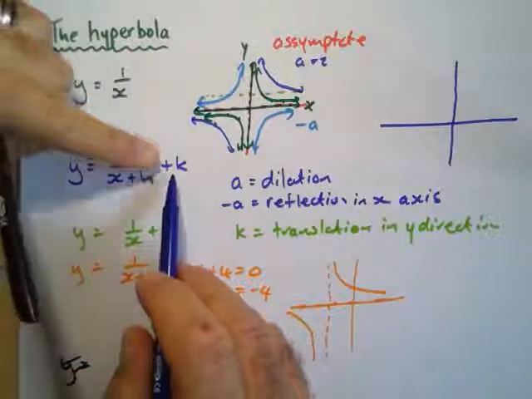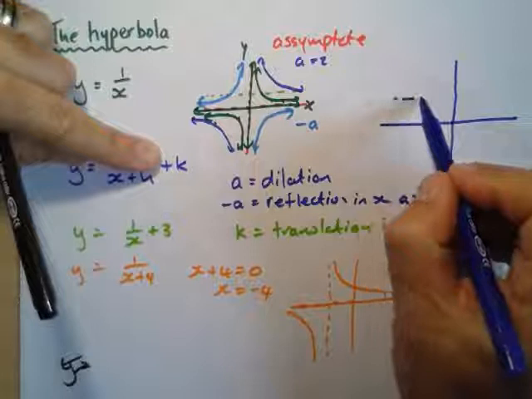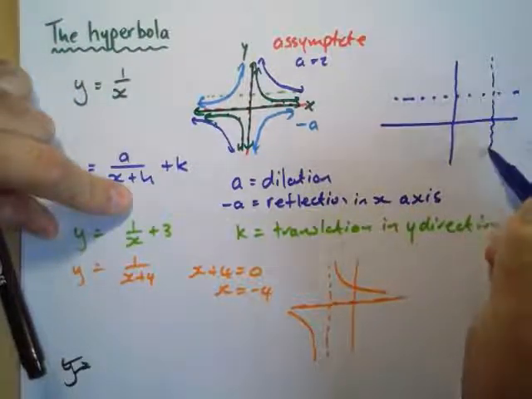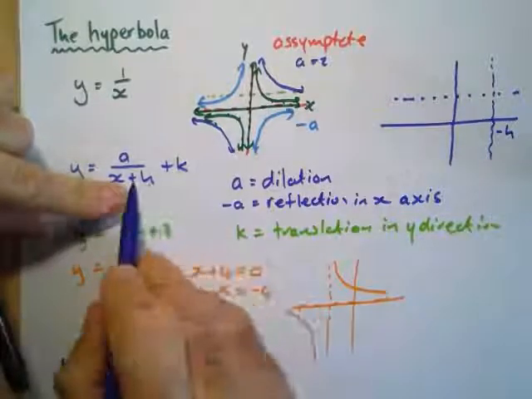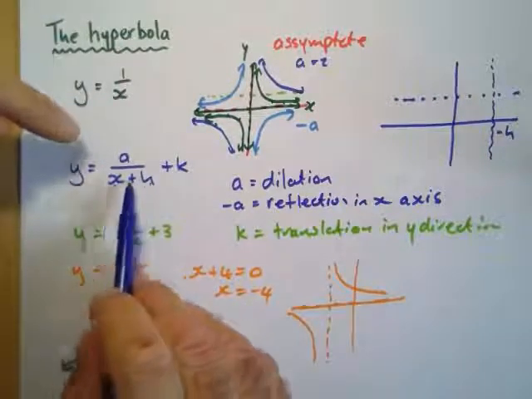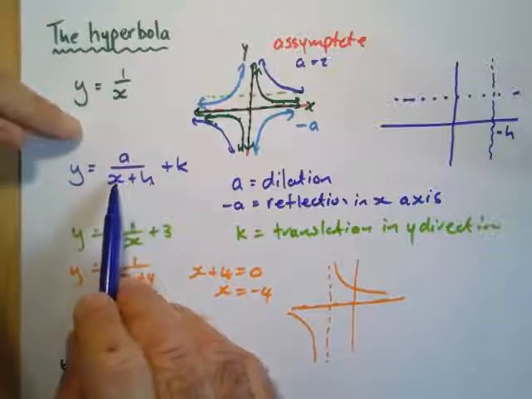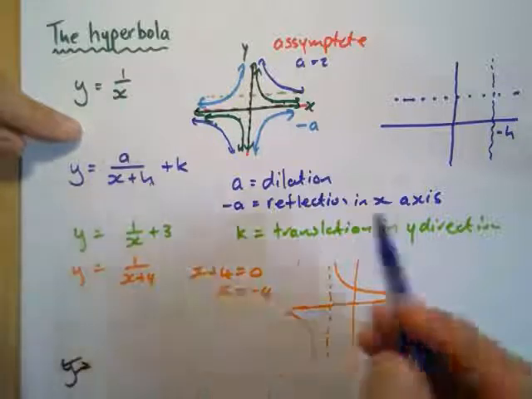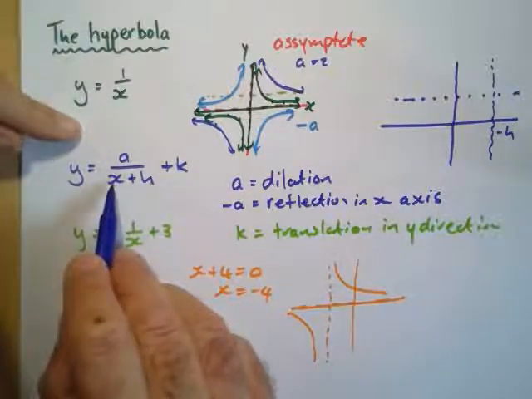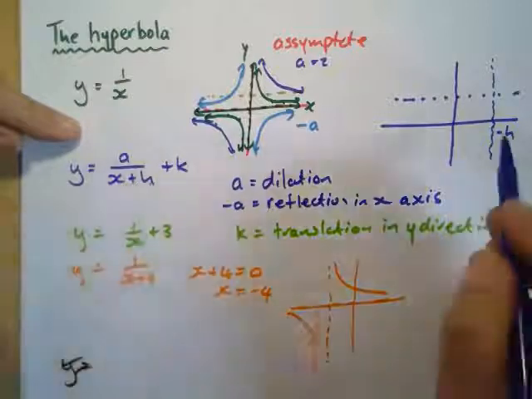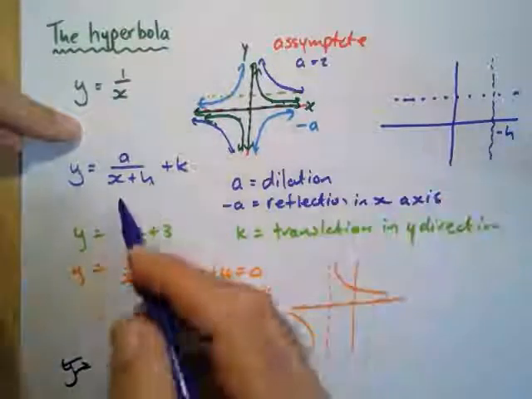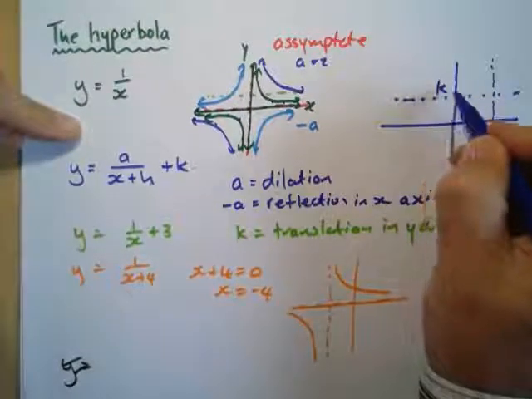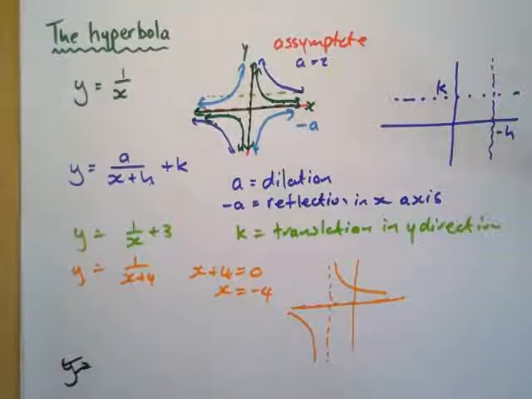My asymptotes will be at k and at negative h. So whatever h is, it goes in the opposite direction. Remember I explained why that changes. It's where x plus h, which means whatever this value is, it will be in the opposite direction. Remember, if they give us x minus h in an exam, then this value will be positive h, because it needs to move in the opposite direction. So that is minus h, and that is k. Please look at the examples to understand this a little better.